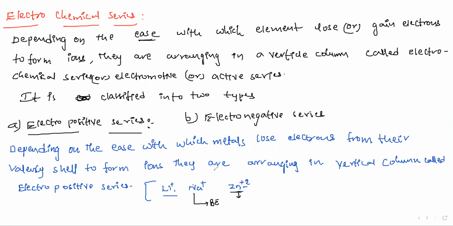Sodium is trying to lose the electron easily to get stability, and zinc takes time to lose an electron. Now sodium lost the electron easily. Here this is the anode and positive, and this is the cathode and negative. Sodium and zinc both are in one solution.